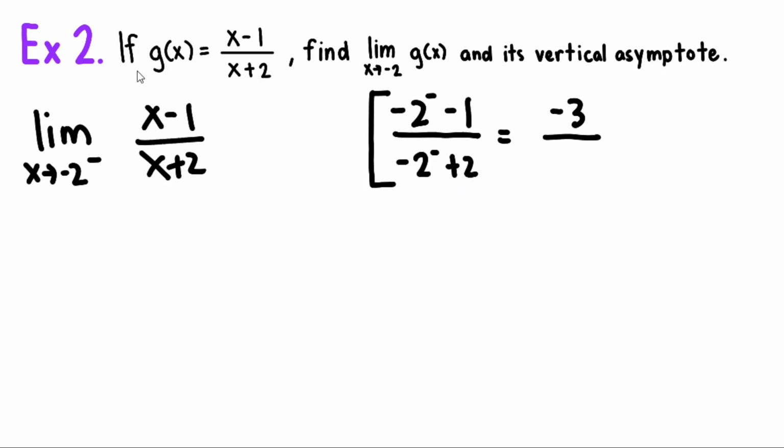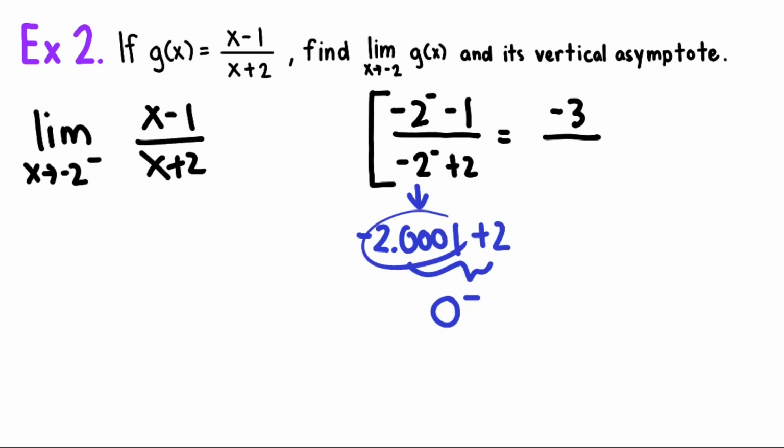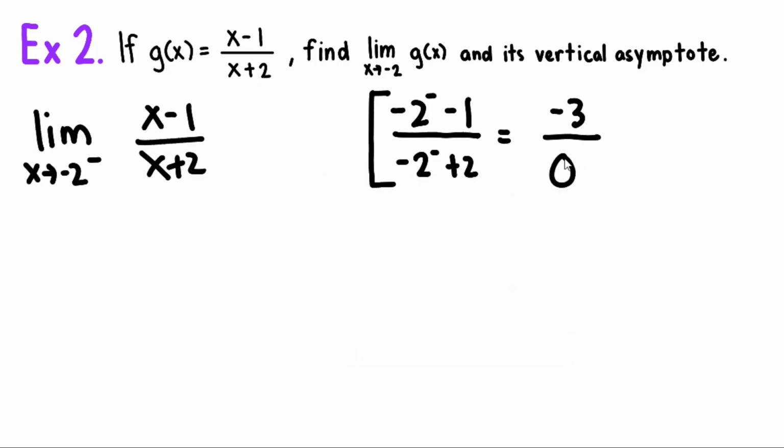For the denominator, take note that values from the left of negative 2 are like negative 2.0001. So when we add 2, we'll have values close to 0 but negative, since negative 2.0001 is less than negative 2. So we'll have 0 from the left.